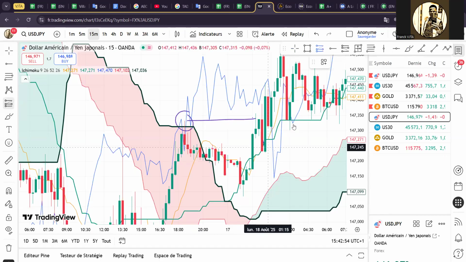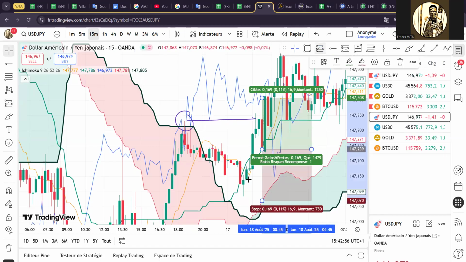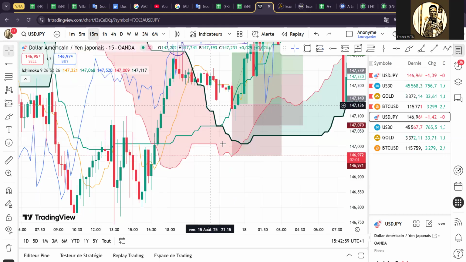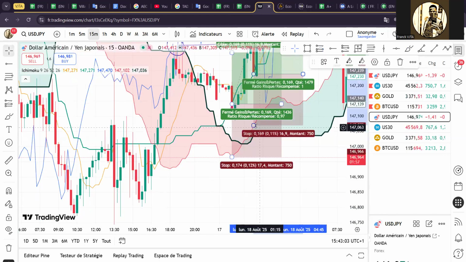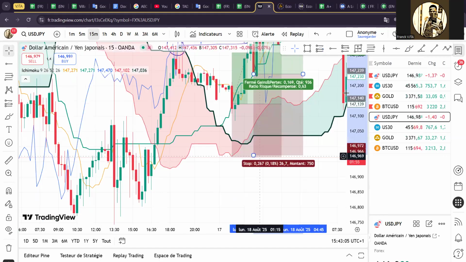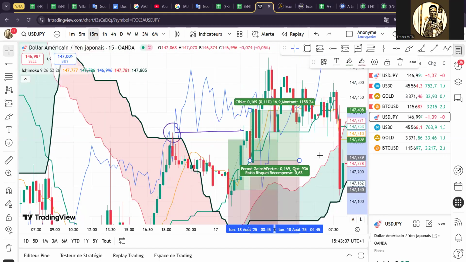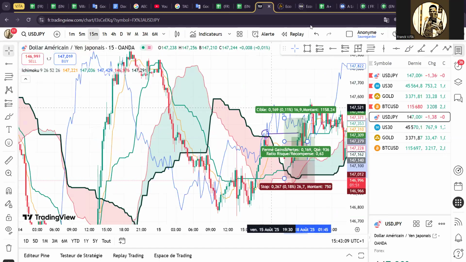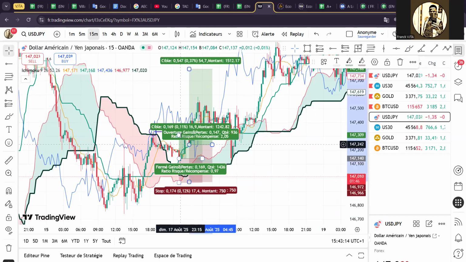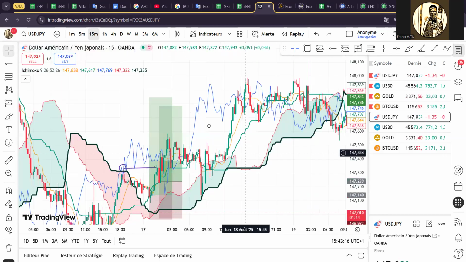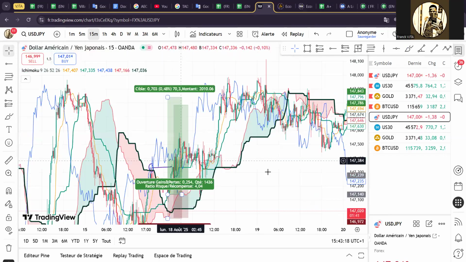So the second entry will be here. The first entry will be just right here. The stop loss will be this SSA. The second stop loss will be exactly at the same SSA. They will have the same. That is scaling. Okay, that's how you scale.